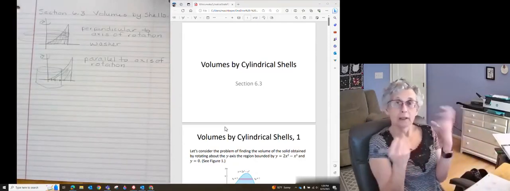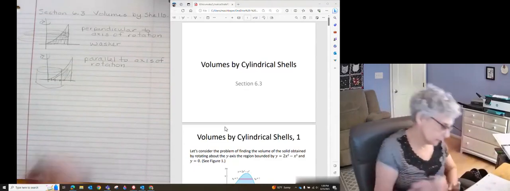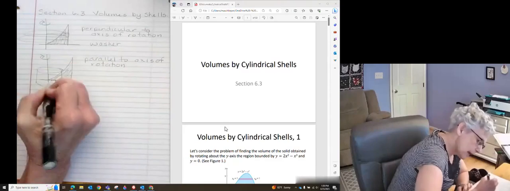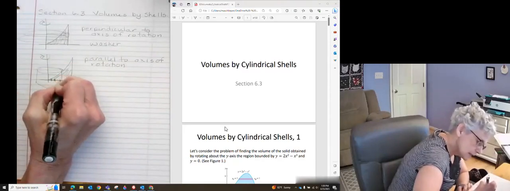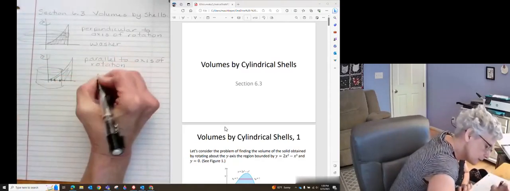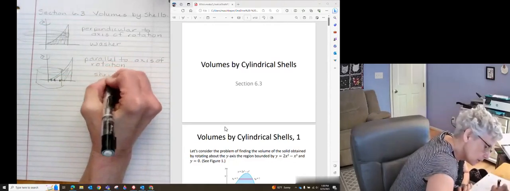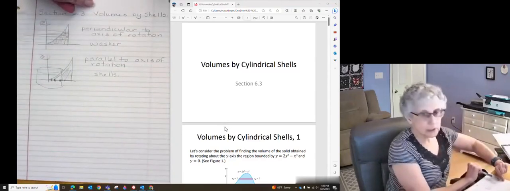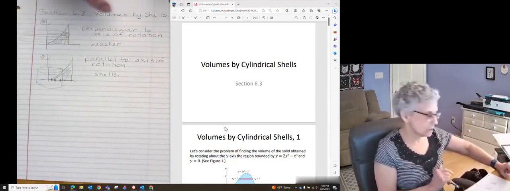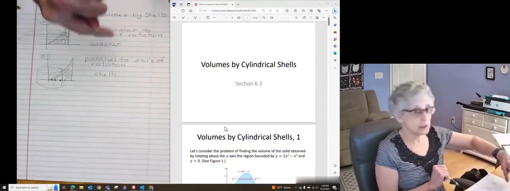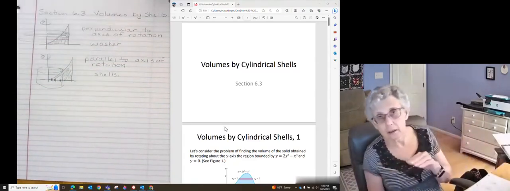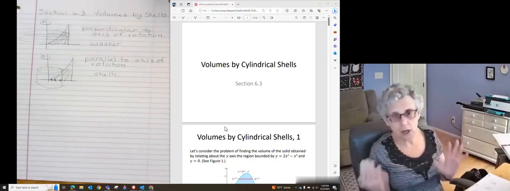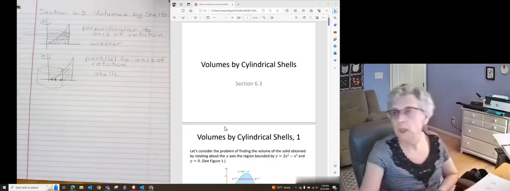So it's more like a big roll of paper towels, because we're looking at slices this way. So these are called shells. So when your slices are perpendicular to your axis of rotation, you get washers. If they're parallel, you get shells. It kind of rhymes to help you remember.